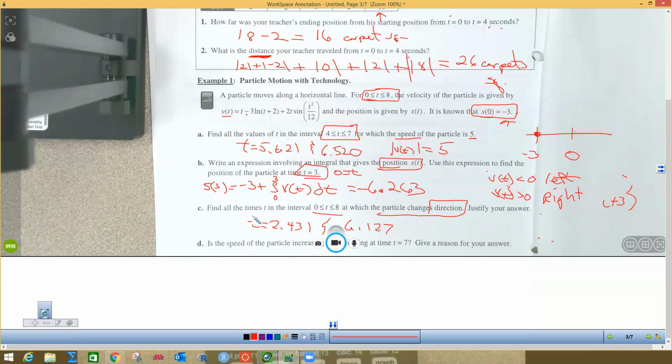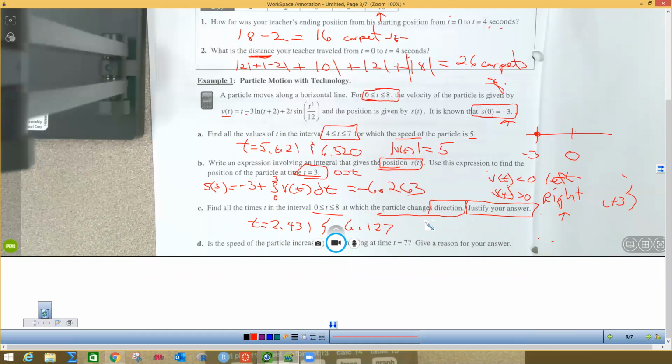Okay, so find all the times on that interval in which the particle changes direction. Justify your answer. So we want to find all times. What I would like you to do is put these things in time intervals.